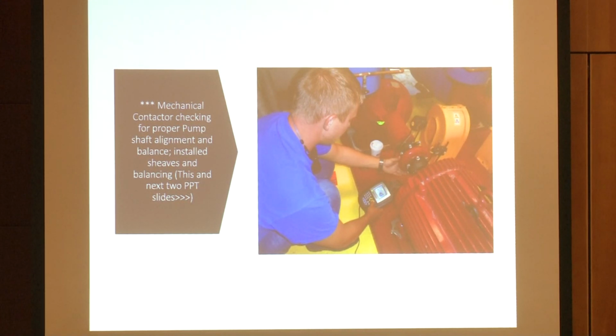You have to make sure that the pumps are working properly. Part of that is starting up the pump to make sure it's flowing properly, but you also have to make sure the pump is aligned properly, like the shaft is aligned with the pump from the motor, and that you don't have any excessive vibration. A lot of times you'll have a mechanical technician checking for that alignment and making sure that the vibration of that shaft is okay.